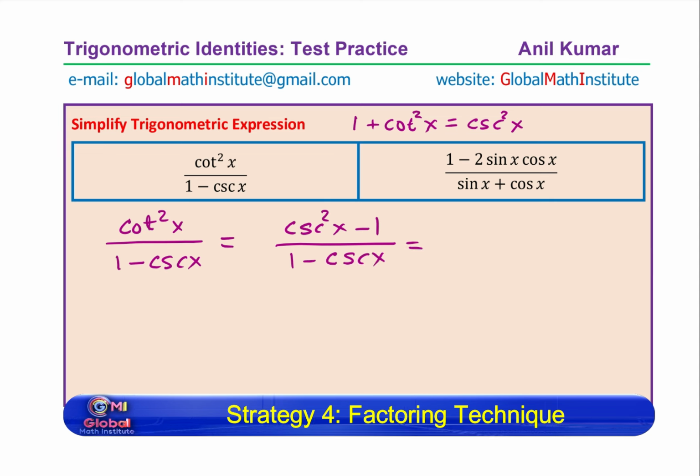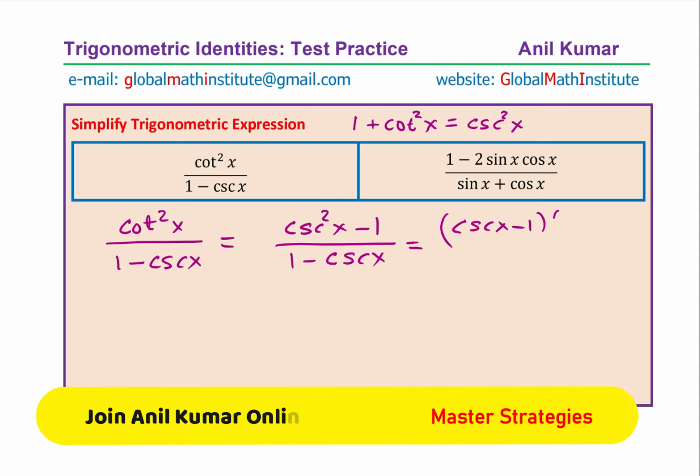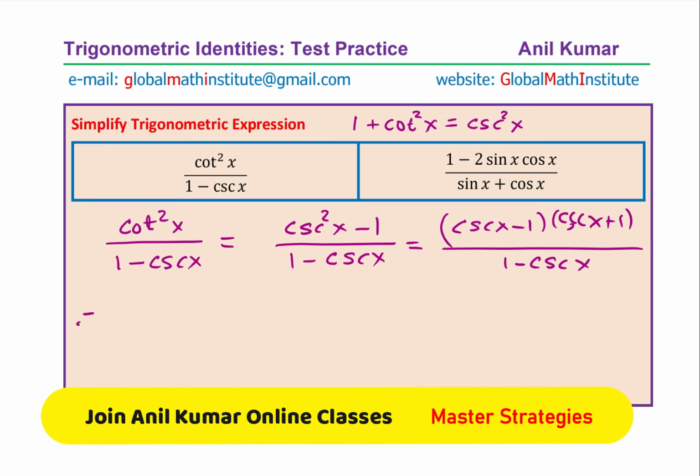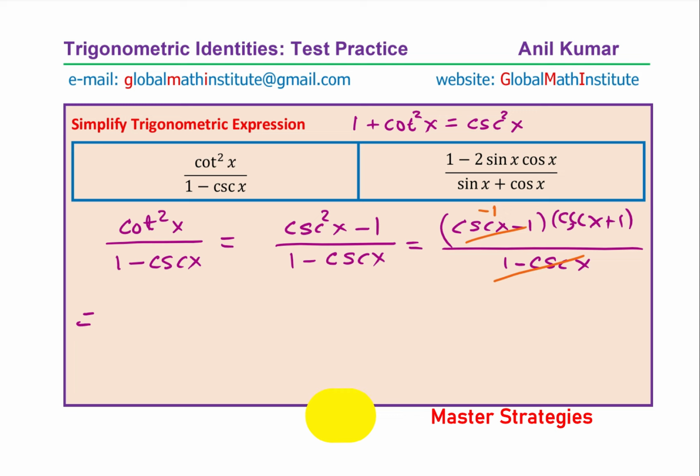Now the numerator can be factored, right? Which will be cosecant x minus 1 times cosecant x plus 1, difference of squares, divided by 1 minus cosecant x. Now you see, in the numerator and denominator, we have a common term, but this will give minus 1, right?